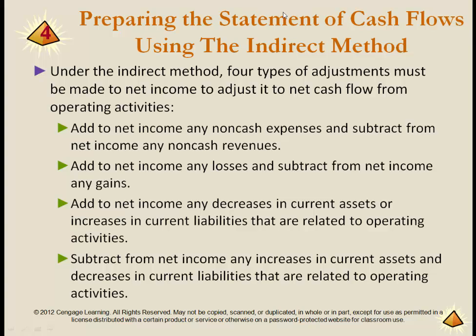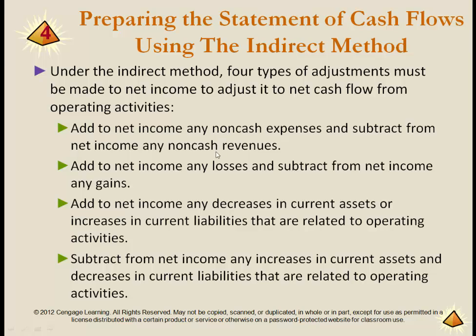So what we're doing, we're going to add to net income any non-cash expense and subtract any non-cash revenues. So we're adding any non-cash expenses. Read that as depreciation and amortization, even though it doesn't say it. And really, we don't have a whole lot of non-cash revenues at all. But we also have to look at current assets and current liabilities.